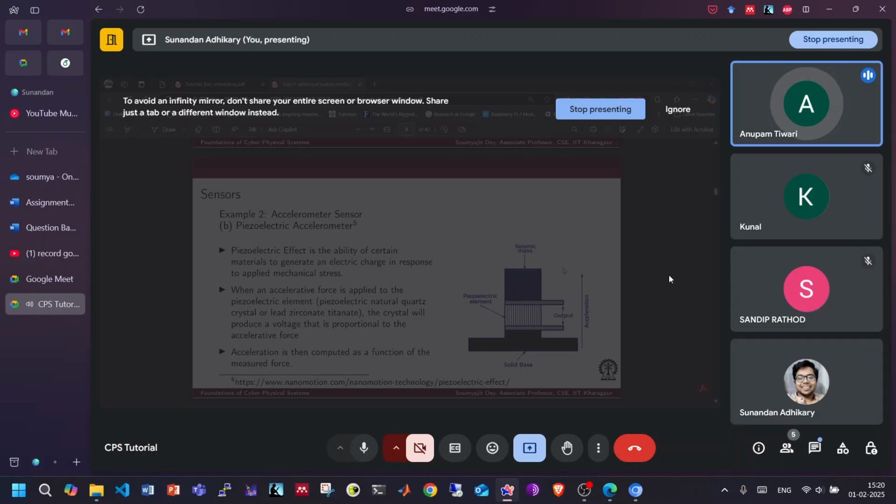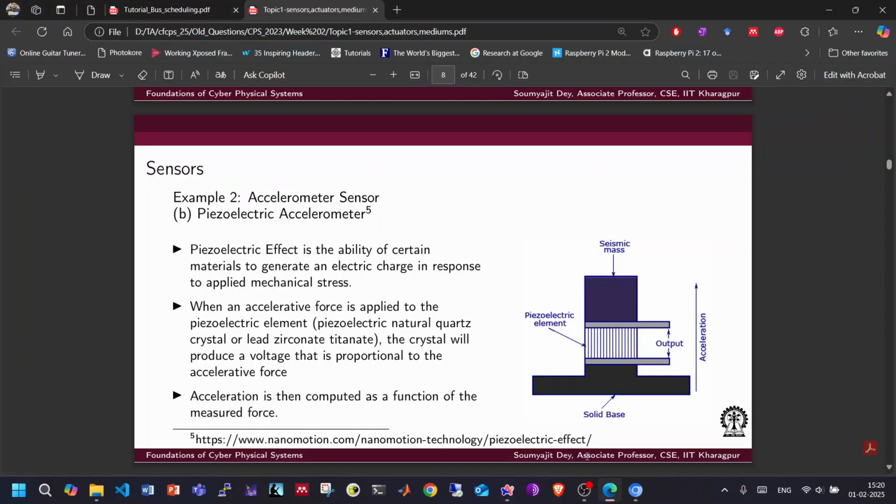It converts acceleration or any movement into voltages. Yes, voltages. Basically, acceleration. It is a vague description, but yeah, you can say that. It's a special property of certain materials.